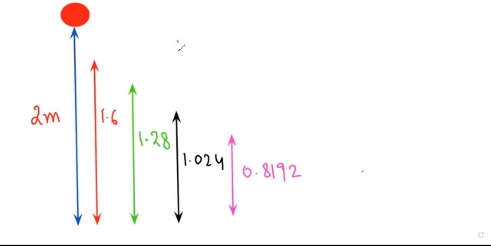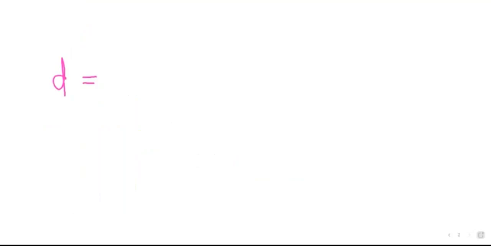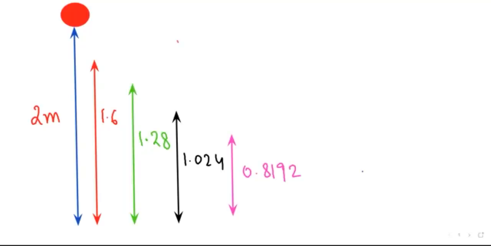The question is to show that the distance traveled by the ball until coming to rest can be expressed by this number. So let's see the distance one by one. Let's assume that the ball is going in this way.